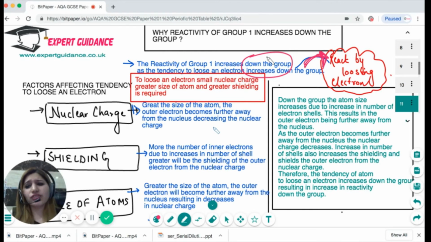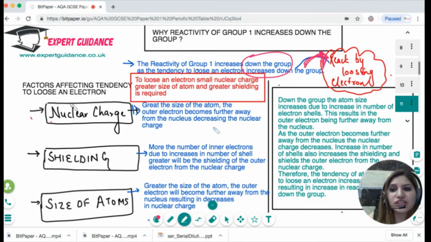Now the question is, why does it increase down the group? The tendency to lose an electron depends on three factors, and all three contribute to an increase in the tendency of the alkali metals to lose an electron down a group.